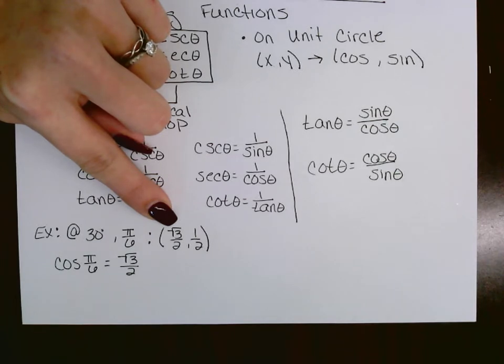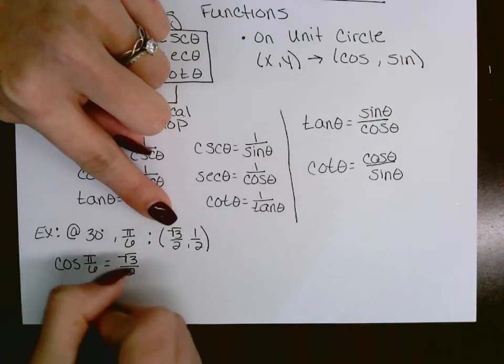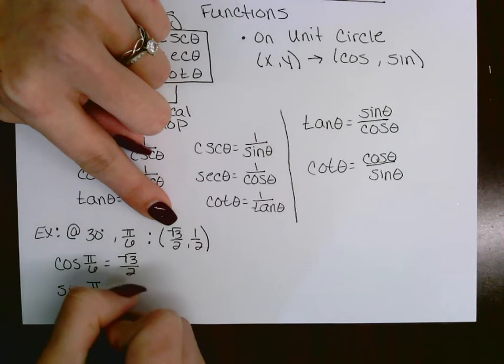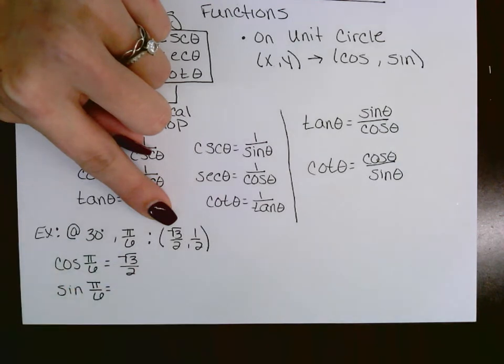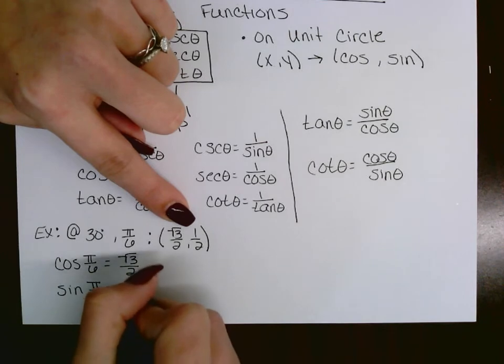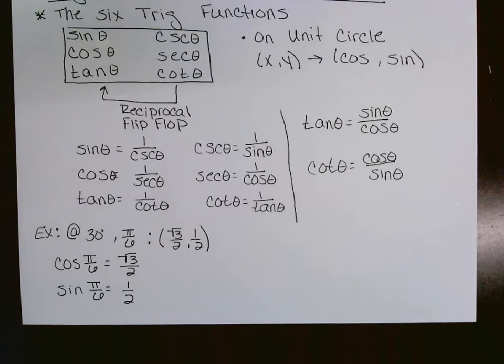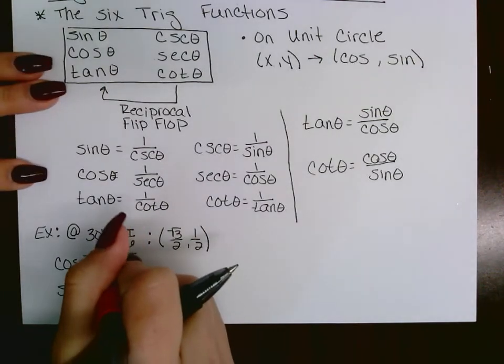Easy? Next of the 6 is sine of pi over 6. This again should be easy because sine is always the y value. So my answer here is 1/2. And just like that, you have 2 out of the 6.